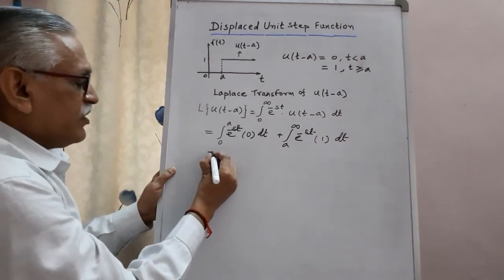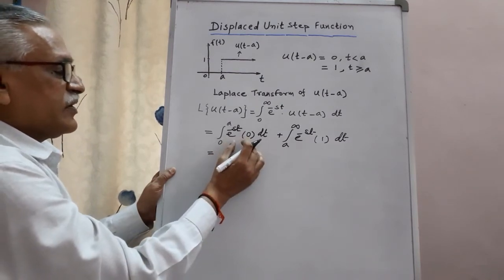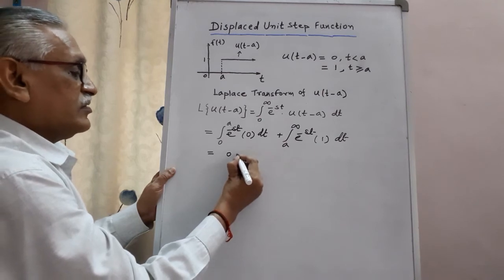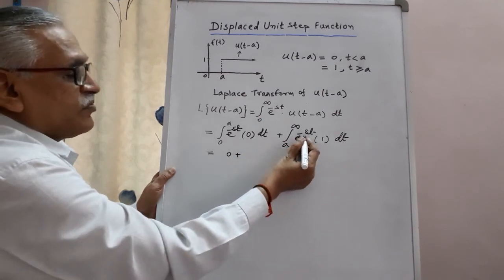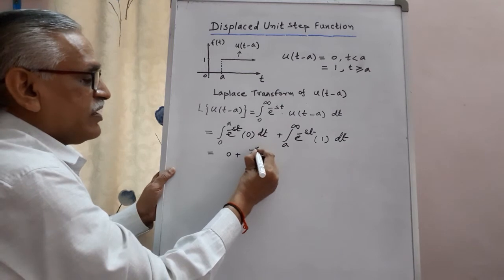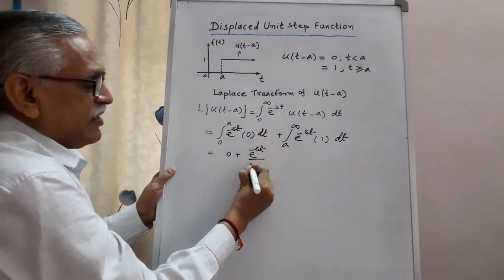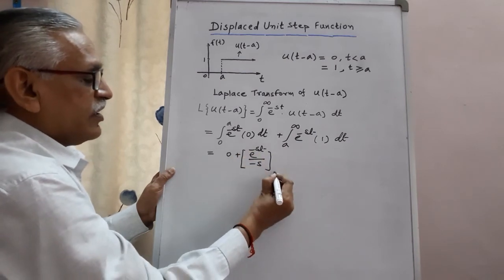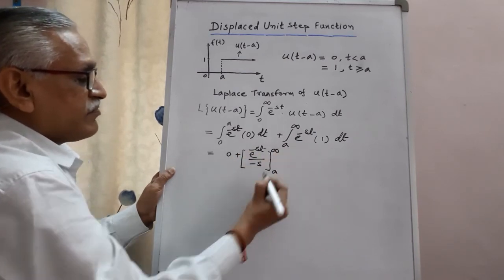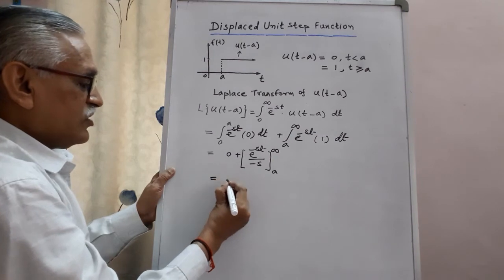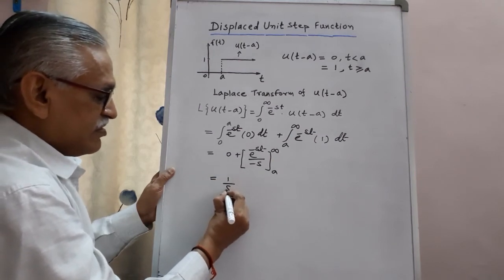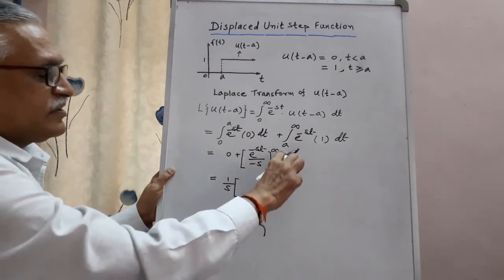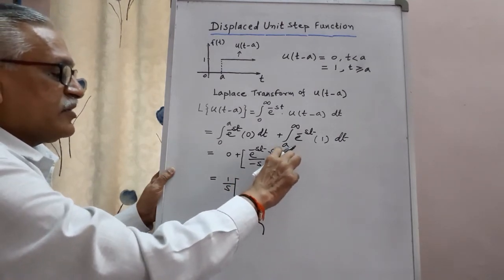Therefore this becomes 0. Integration of this is e raised to minus st divided by minus s with limits from a to infinity. It is equal to 1 by s, which I will take outside as it is constant. The minus sign we cancel by changing the limits. This becomes upper, this becomes lower.